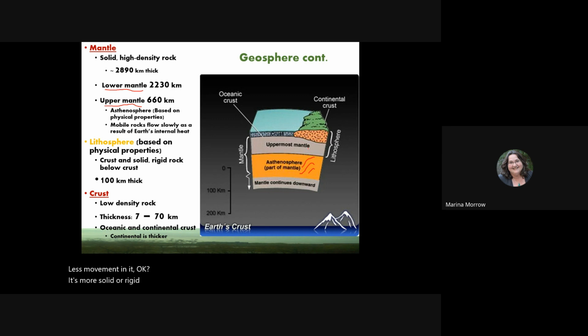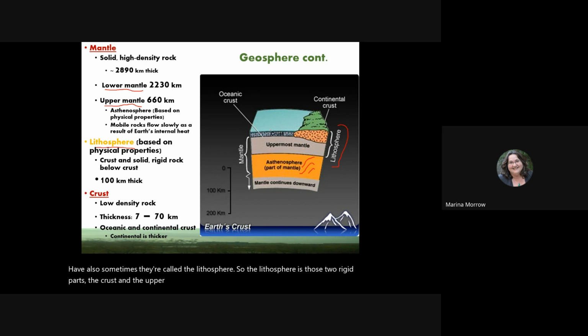Now, on the very top is what's called the crust, which has low density rock like quartz, lots of quartz. And so anyway, it is rigid also. So the two rigid pieces are sometimes called the lithosphere. So the lithosphere is those two rigid parts, the crust and the upper mantle.